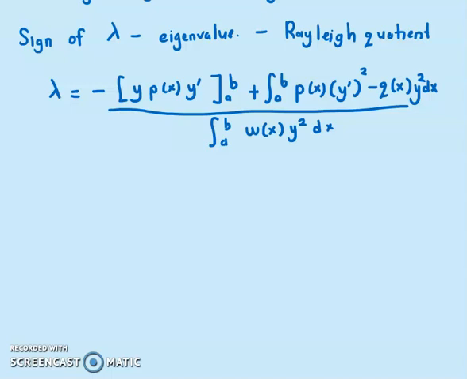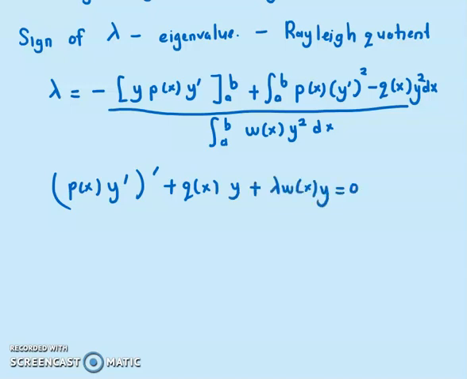Now this equation, the Rayleigh Quotient, is referring to the standard form of your SLP, which is given by (p y prime) prime plus q(x) y plus lambda omega(x) y equals 0.